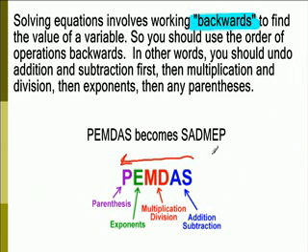In other words, you should undo addition and subtraction first, then multiplication and division, then exponents, and then the parentheses. It used to be PEMDAS, which is parentheses, exponents, multiplication, division, addition, subtraction. That becomes SADMEP, I guess you could say. I don't have an acronym for it to go backwards, but instead of doing parentheses first, you're going to be doing subtraction first. So we're going to be working backwards to solve these problems. That's the most important thing to remember today.